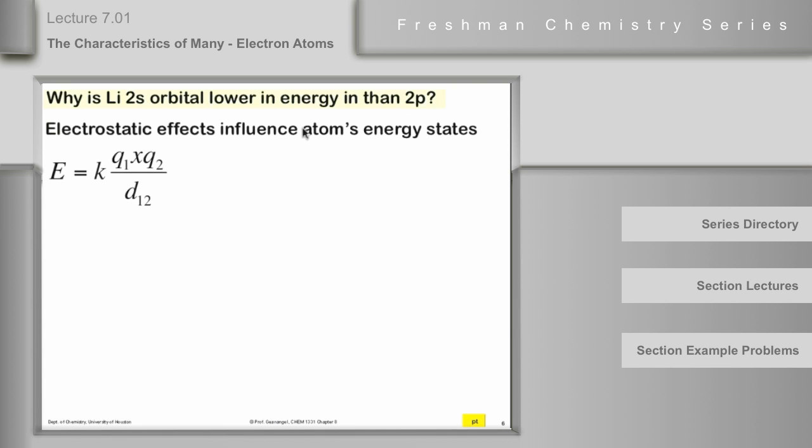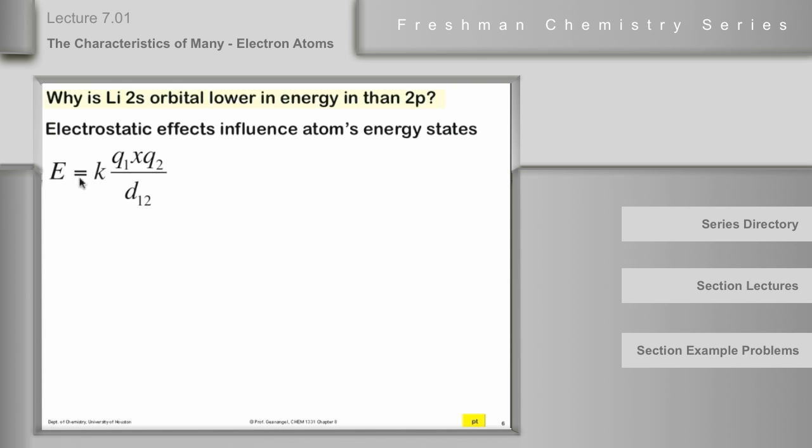Well, we have to look at several different effects that can influence the energy states. After all, that's what we're talking about, the 2p energy state and the 2s energy state. Most of these things have something to do with Coulomb's law.